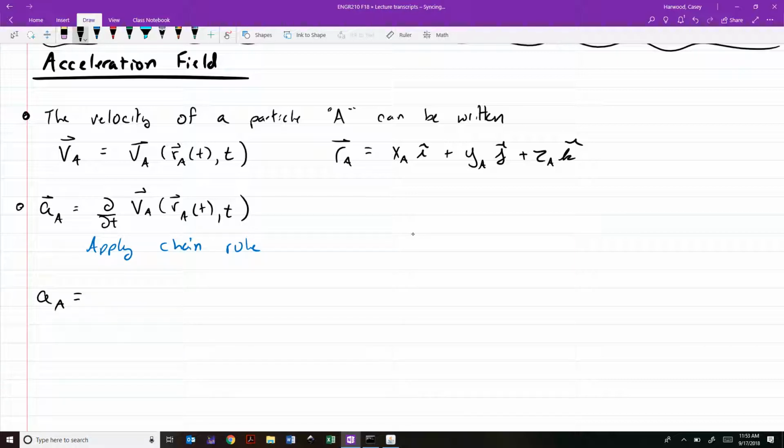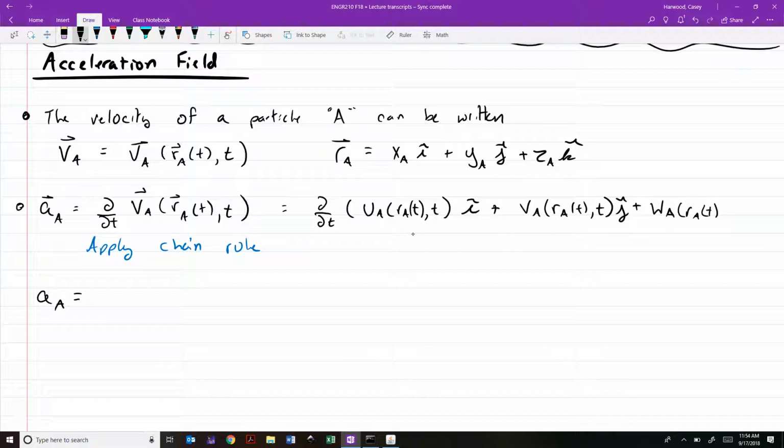a_A equal to d/dt of, let's split this into components. So we'd say d/dt of u_A i plus v_A j plus w_A k.